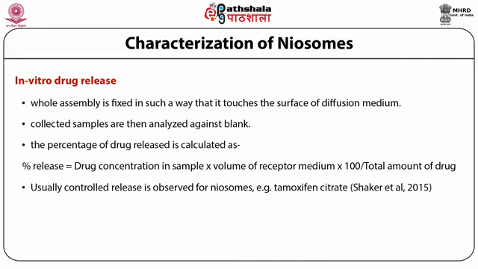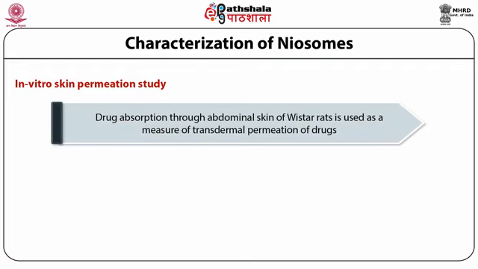Another parameter for characterization of neosome is the in vitro skin permeation study. Here, the absorption of the drug through abdominal skin of a rat is assessed, and it is a measure of transdermal permeation of the drug formulated in a neosome.